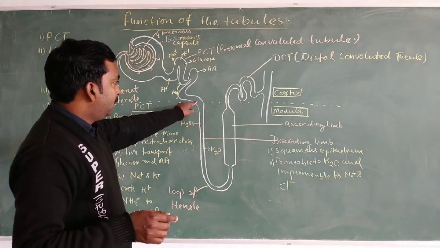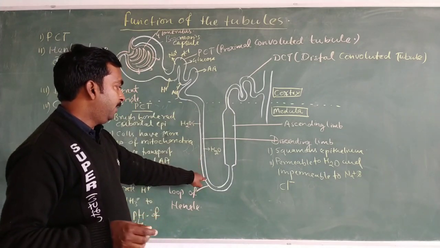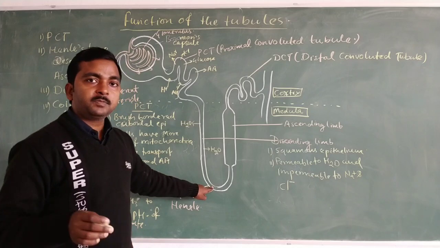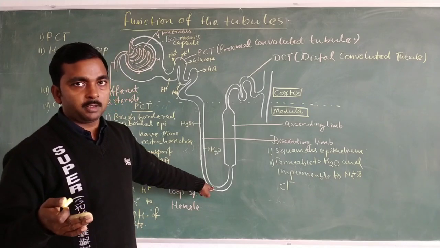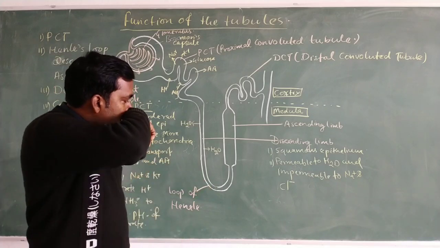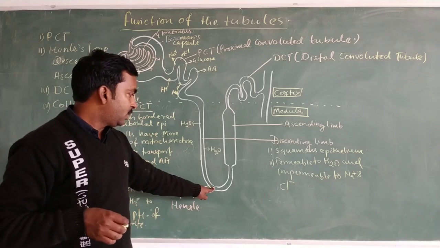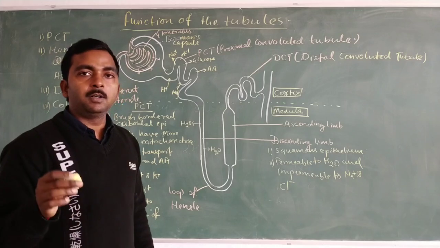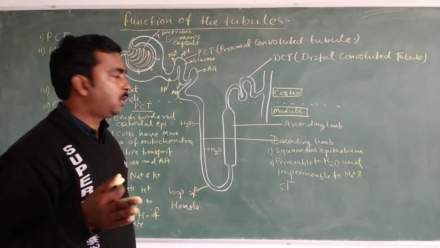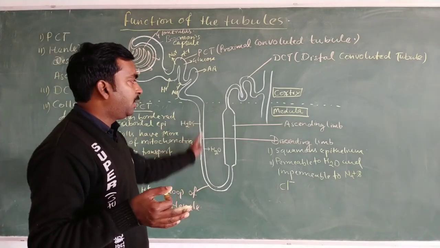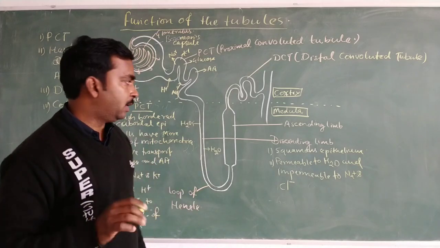So when the filtrate passes through the descending limb, it gets concentrated, or the concentration of the filtrate becomes more in this region. It means the filtrate becomes hypertonic when passed from the descending limb of the loop of Henle.